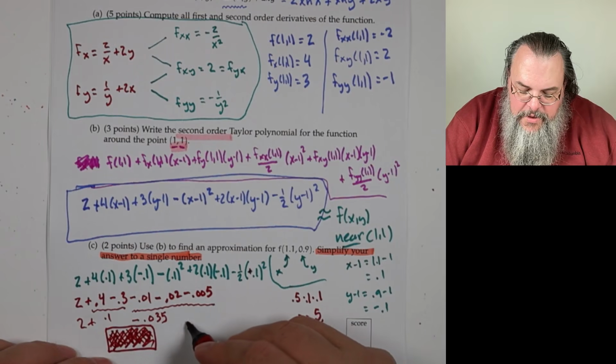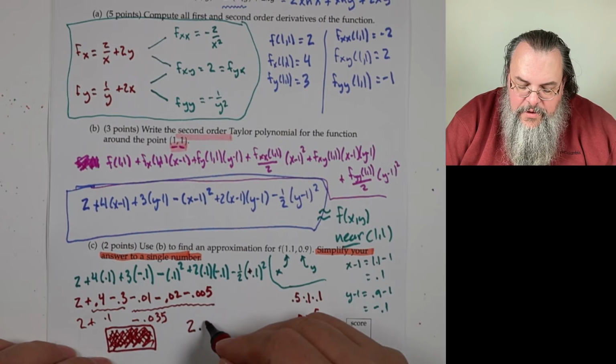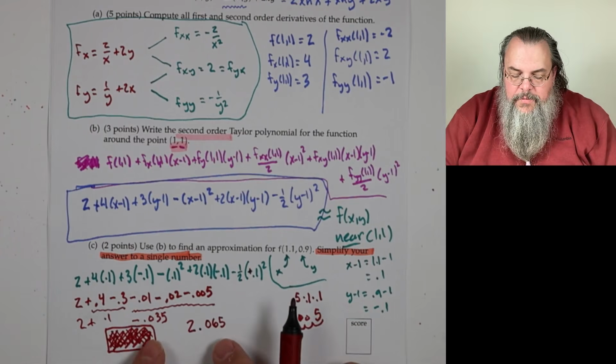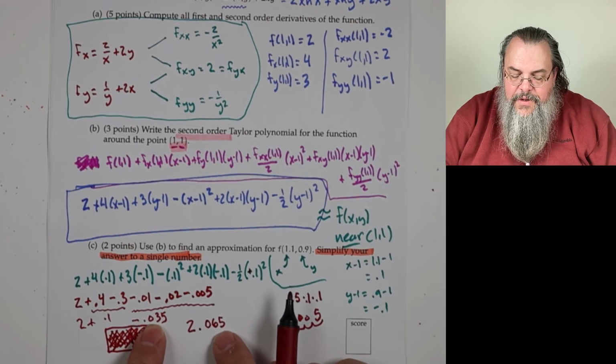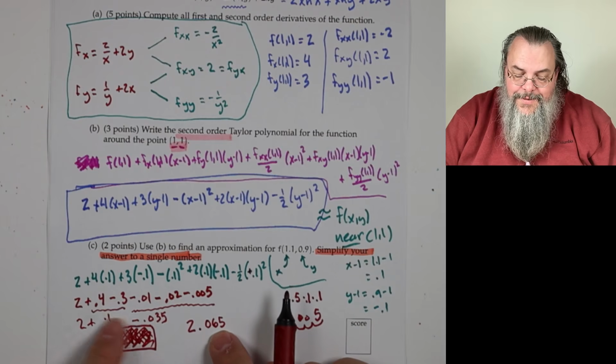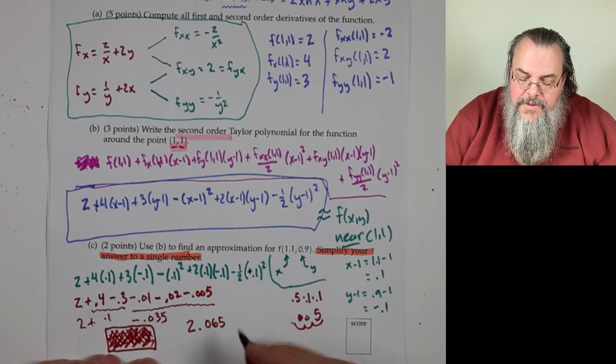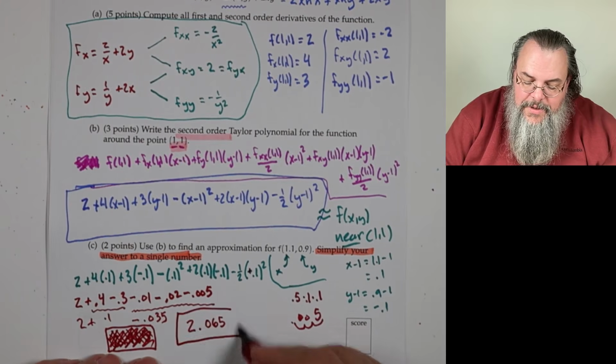Those were good days. I miss those days. It's 2.065. There we go. If you add 0.035 to 0.065, you get 0.1. So 2.1, which is good.